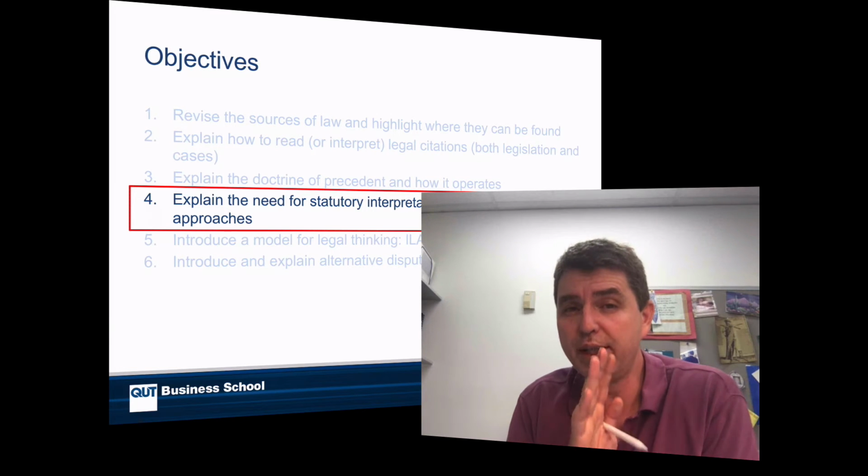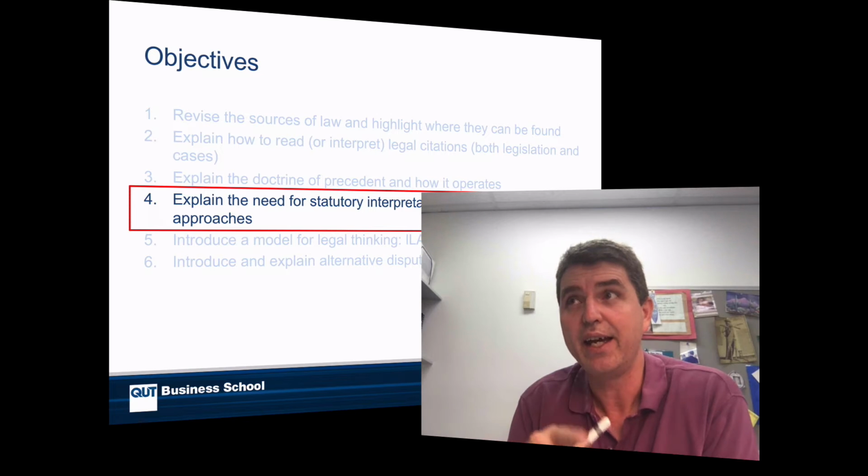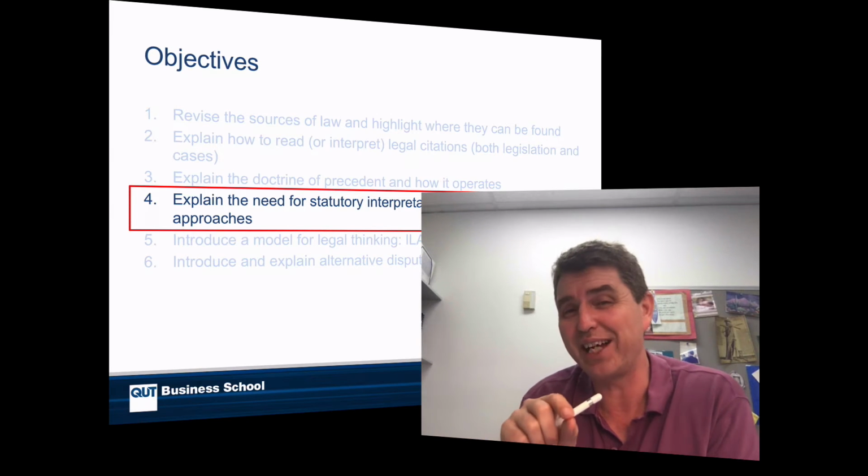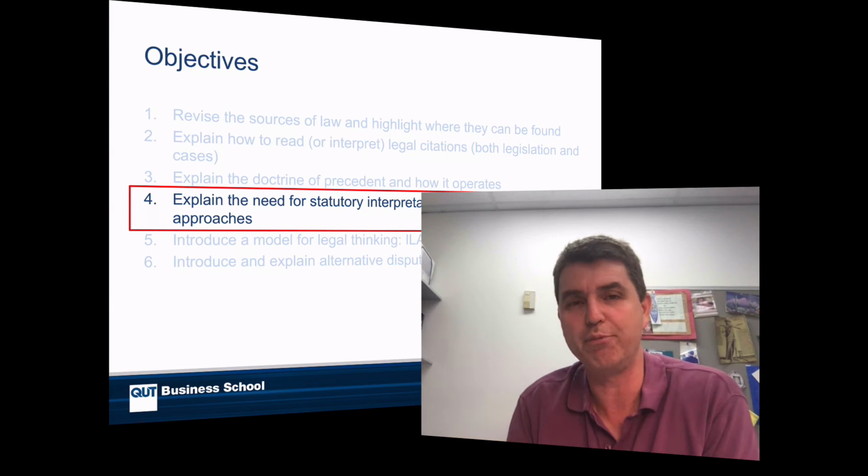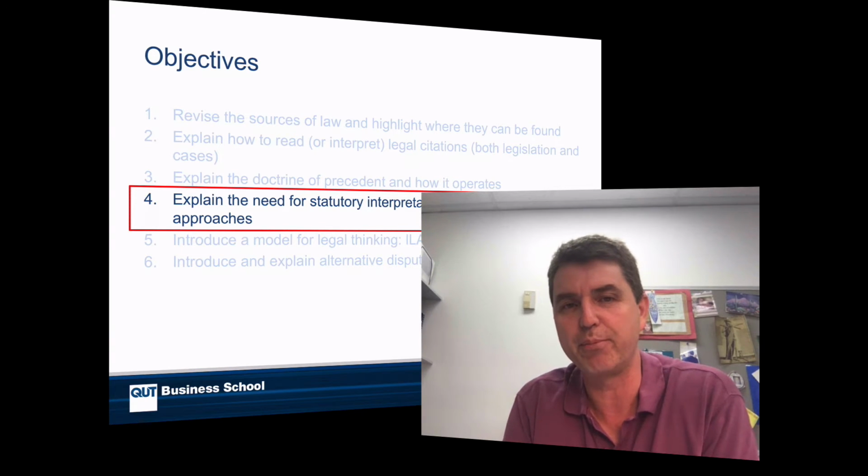So let's hop into it and see some of the problems and also how the law's gone about addressing these problems. We're going to do a little bit of history to get us to a point to understand how judges use several different rules at the same time at the moment, and then talk about the predominant way judges approach the problem.